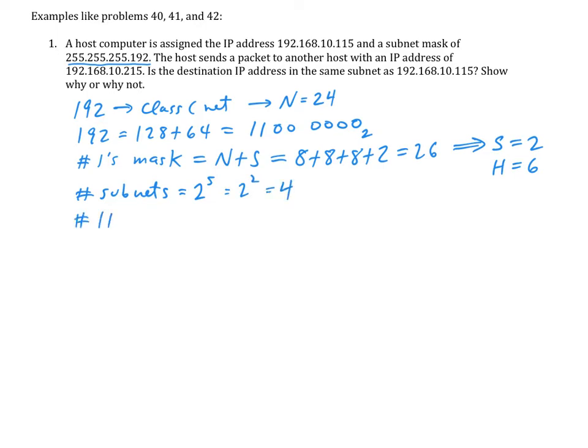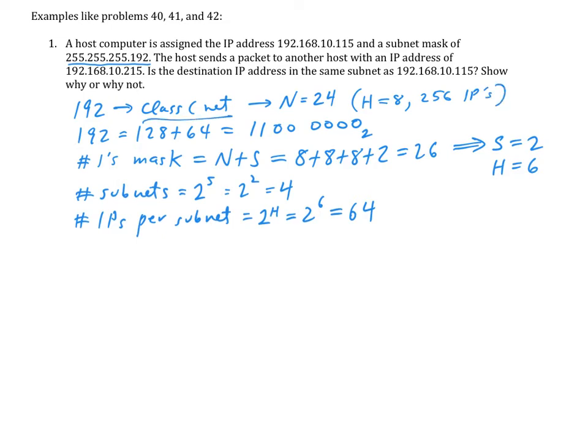The number of IPs per subnet is 2 to the h, which is 2 to the 6th, or 64. Basically, what we're doing is taking what was h equals 8, or 256 IPs in a Class C network, and dividing those 256 into 4 groups of 64. 4 times 64 is 256. 2 to the s times 2 to the h is 2 to the 8th, which is 256.